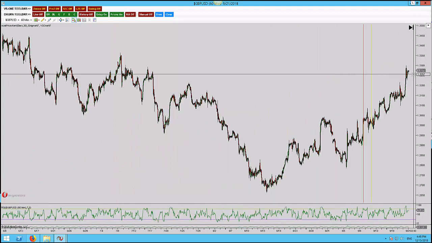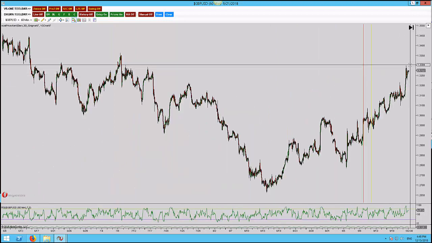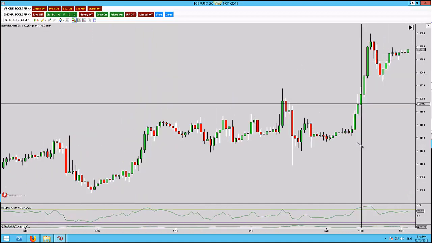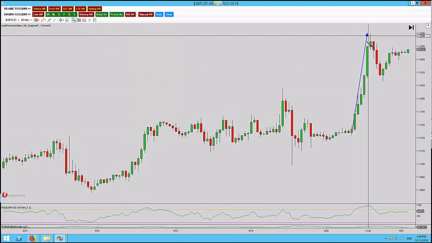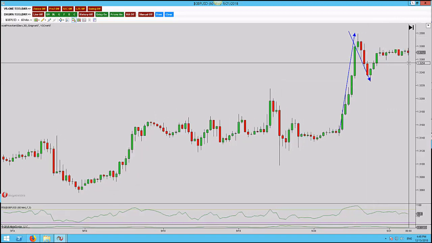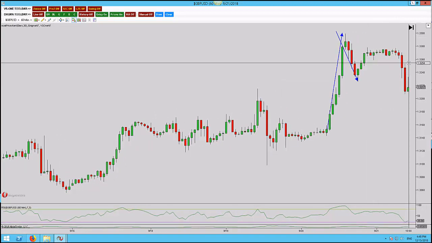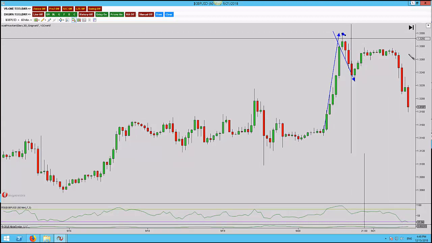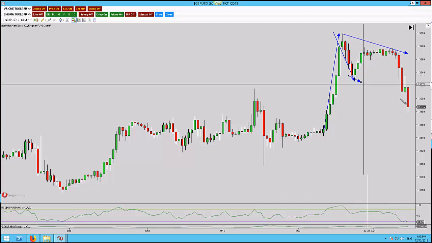Okay, we've violated here to the top. This could be interesting. A nice rally, a pullback. Is this going to give us a wedge, a triangle, a flag? No, it's not going to be a flag.